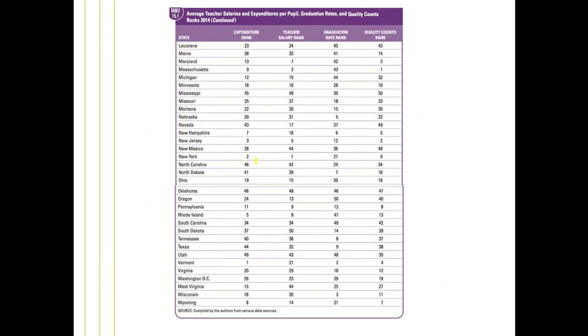So we've got clear correlations between expenditure and teacher salary, obviously, but not much correlation when you look at expenditures versus graduation rank. I have a few here that are ranked fairly close, but here you see Rhode Island 5th in expenditures, but 47th in graduation rate.